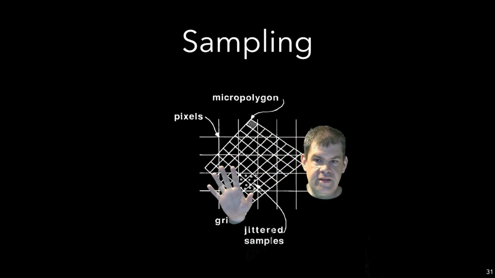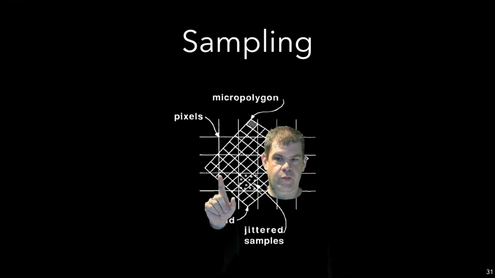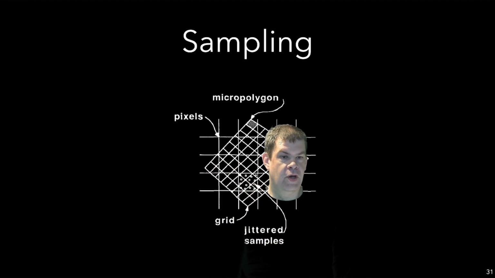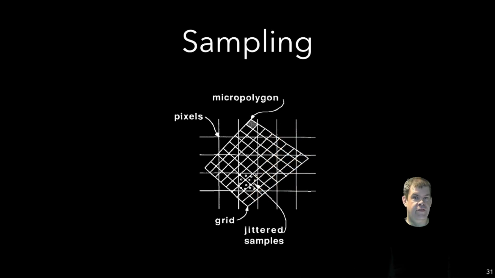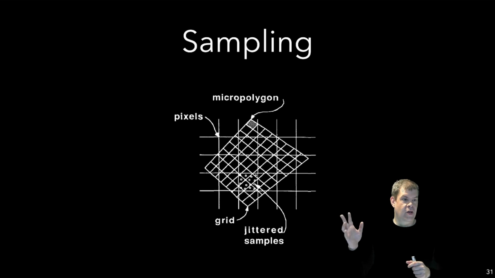So we take that grid of micropolygons, and then for each pixel that it covers, we'll basically sample that grid, and we'll get a bunch of samples, and then we compute a single value, and you can refer to my lecture on anti-aliasing for how we do this. So we might use a jittered sampling pattern or a regular sampling pattern, overlapping sampling pattern, whatever. So that's pretty much super sampling.